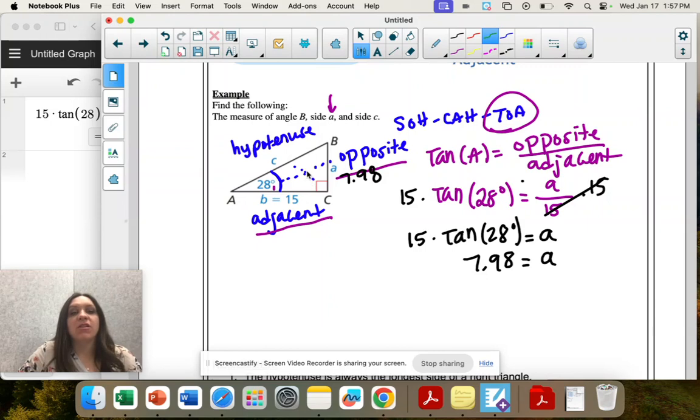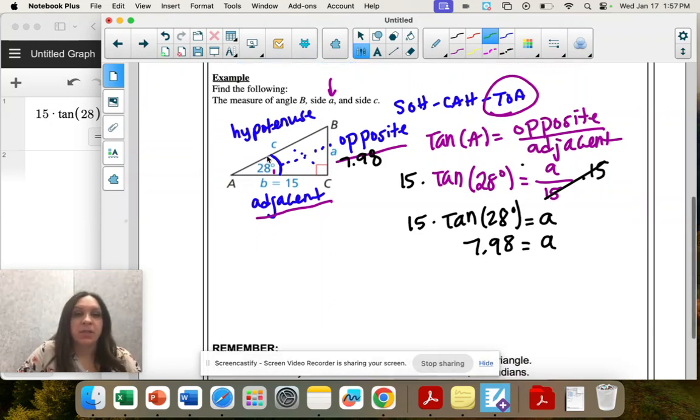Okay, now let's solve for side C. This time we need the hypotenuse. And let's use the adjacent again, just because it's a non-rounded value. It's 15. So which one has adjacent and hypotenuse? Cosine, right?